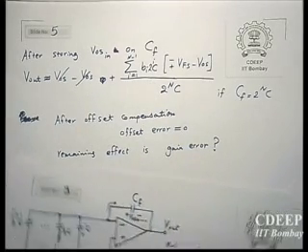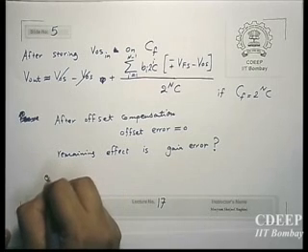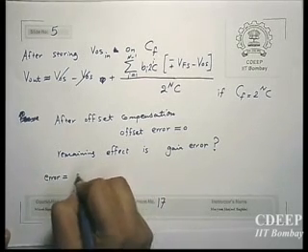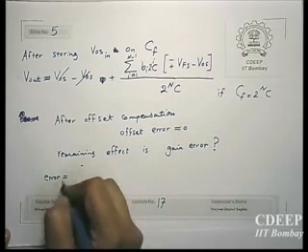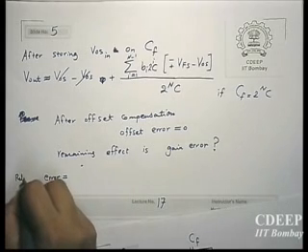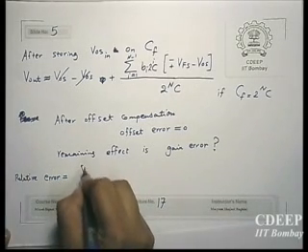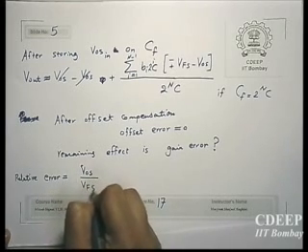Therefore, you have an amount of error for every code, which is the relative error, V offset upon V full scale.